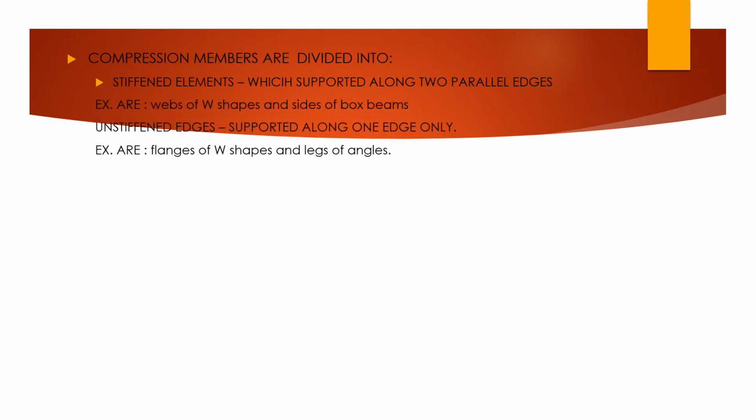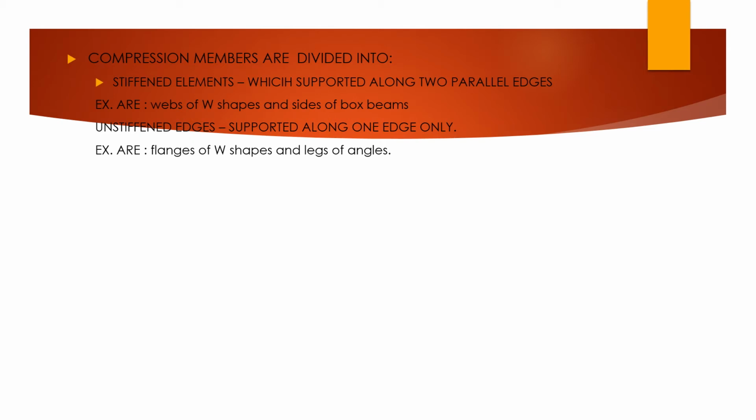So, compression elements are divided into two, which are the stiffened elements and unstiffened elements. Stiffened elements are supported along two parallel edges. Examples are webs of W shapes and sides of box beams.